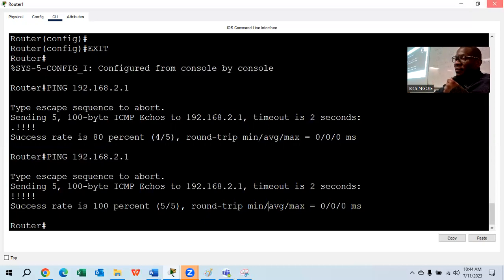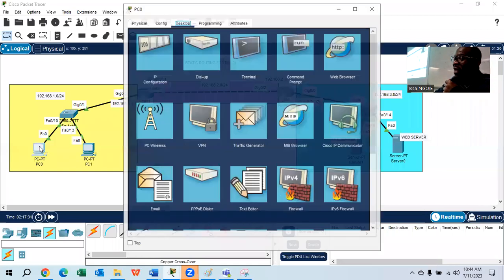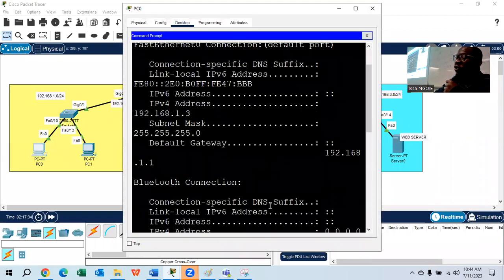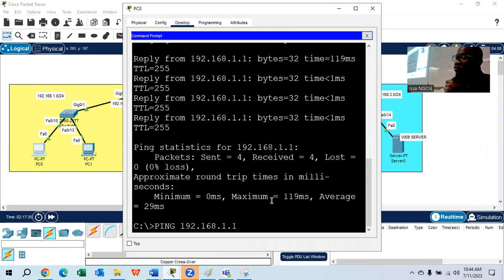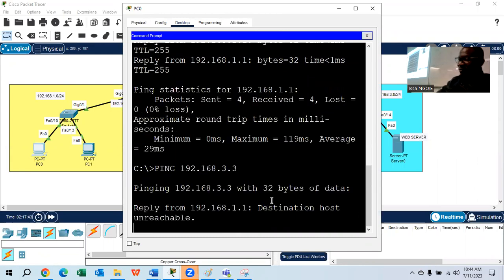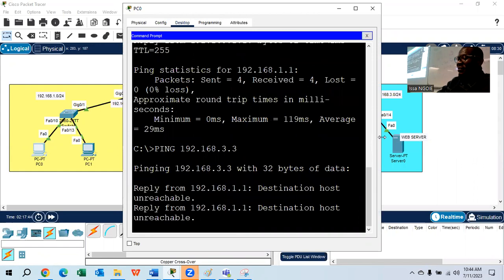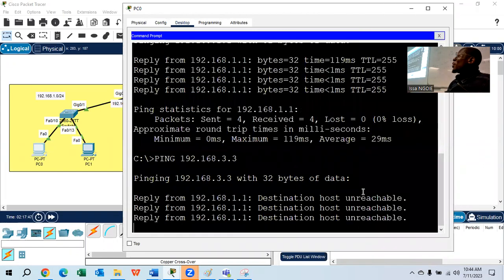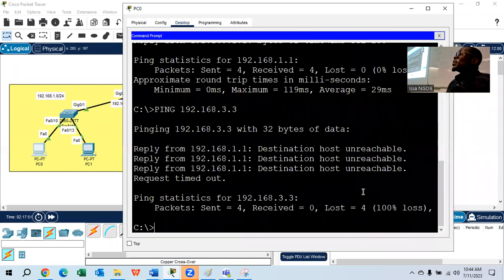And so we go again to our PC. We go to command prompt. We're gonna try again to reach one of the servers. The reply is still gonna come from where? From router 0.